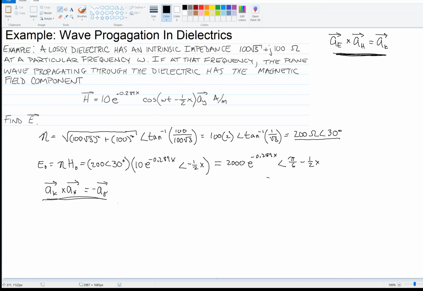Now point your fingers in the direction of positive x. Think about the three-dimensional coordinate system, z, y, x. Point your fingers this way, because that's k, the direction of propagation, which is positive x. Now curl your fingers towards H, which is in the y direction.